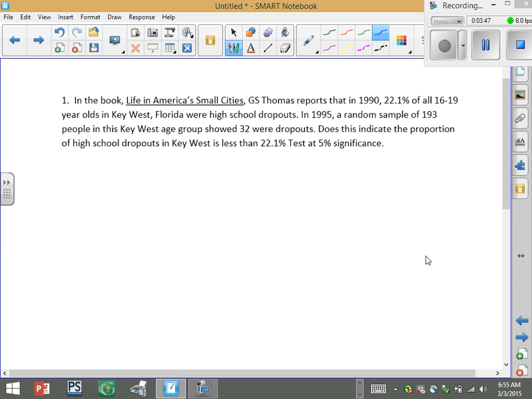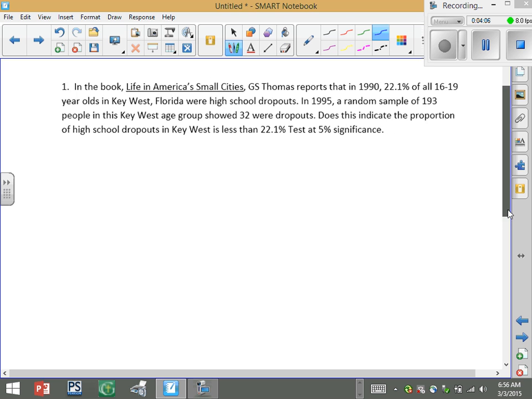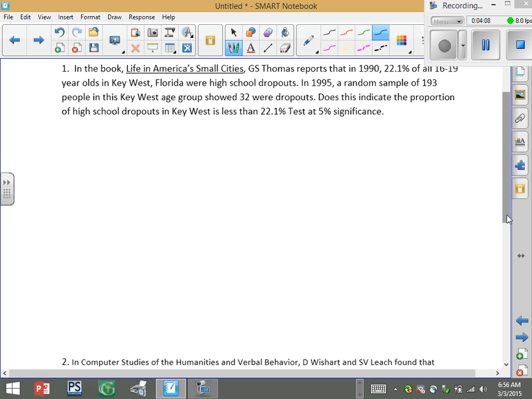So here's an example. In the book, Life in America's Small City, this author reports in 1990, 22.1% of 16 to 19-year-olds were high school dropouts. In 1995, a random sample of 193 showed that 32 were dropouts. Does this indicate the proportion was less? So this is what is a one proportion z-test.